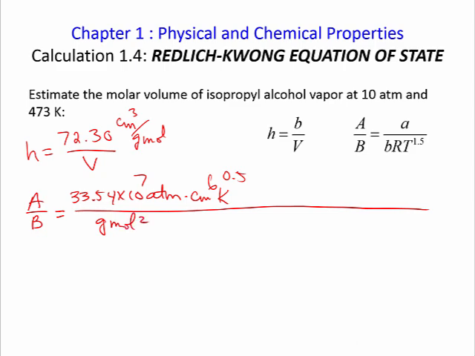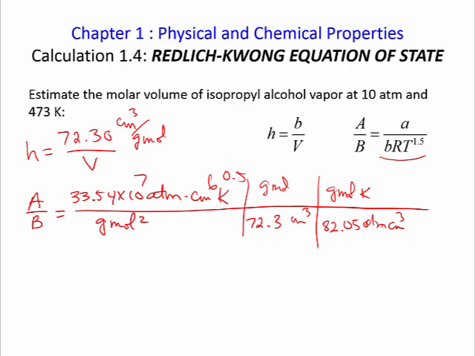This was A divided by B times R times T to the power 1.5, with B as 72.3 centimeter cube per gram mole, R as 82.05 atmosphere centimeter cube per gram mole Kelvin, and temperature of 473 Kelvin to the power 1.5.